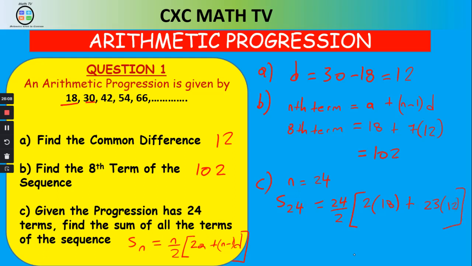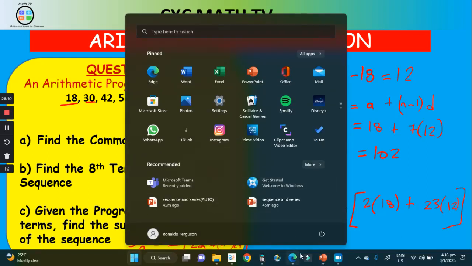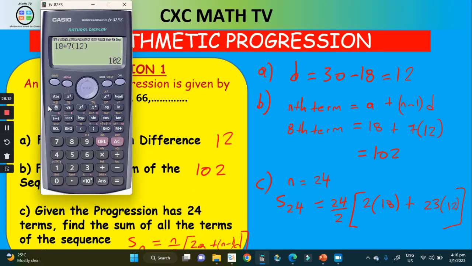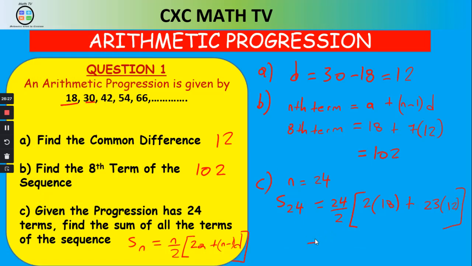You punch all of that in a calculator. We have calculators, make use of it. Punch all of that in the calculator and we get 3,744. That is it.